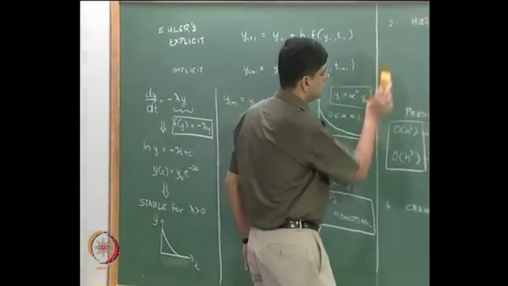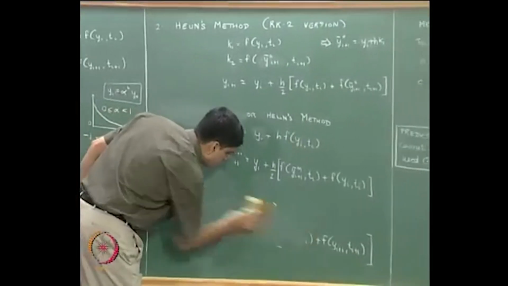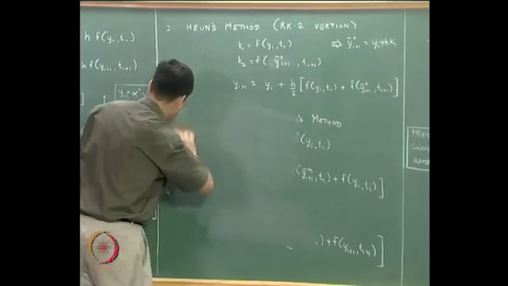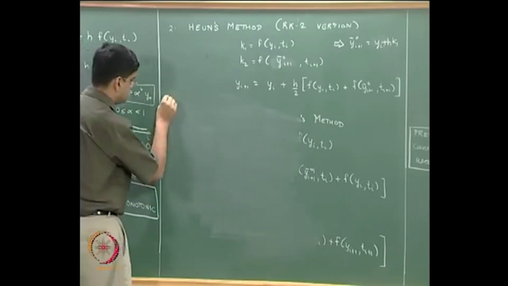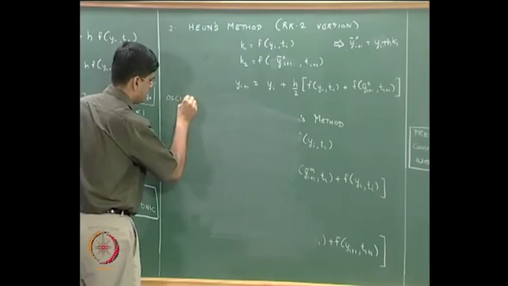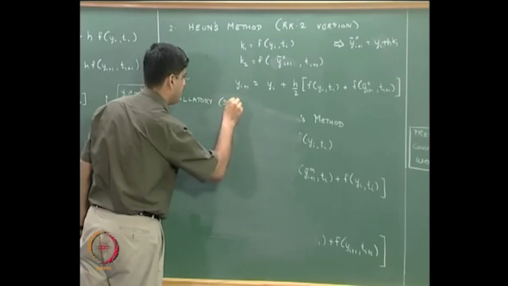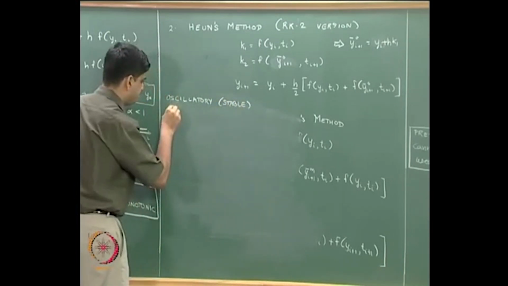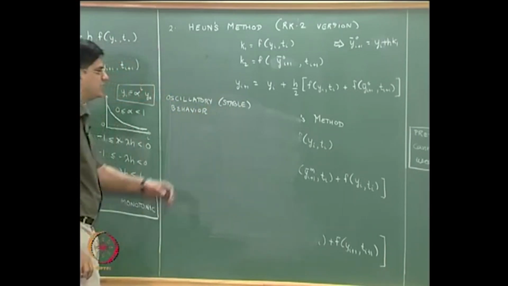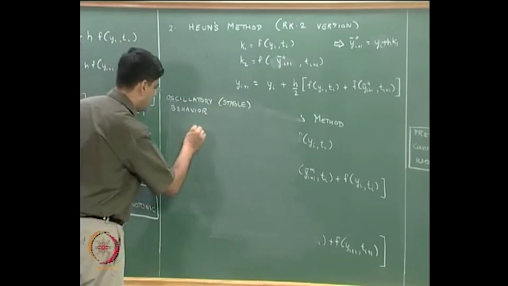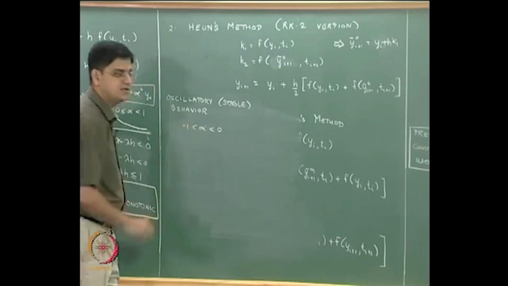Now let us consider the next question. When do we get oscillations? We get oscillatory but stable behavior if alpha is less than 0 and greater than -1.